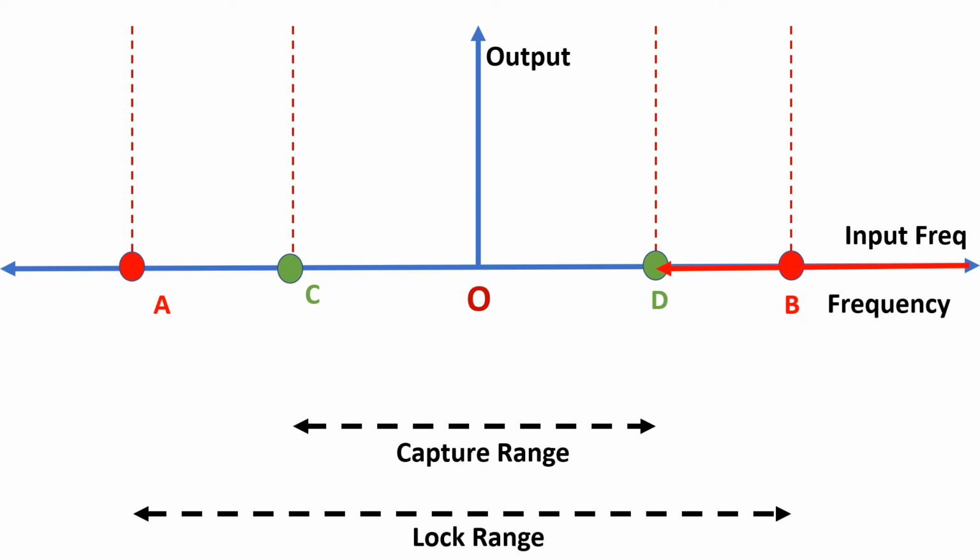When input signal frequency reaches point D, PLL captures equivalent voltage available at output terminal as demodulated signal, and PLL remains in lock mode till point A. When input signal frequency crosses point A, PLL comes out of the lock stage and stops getting the output voltage.